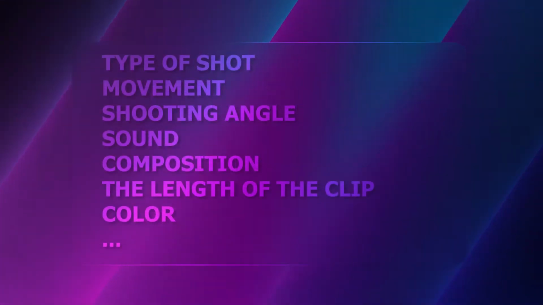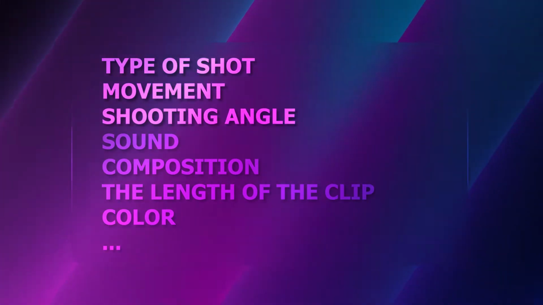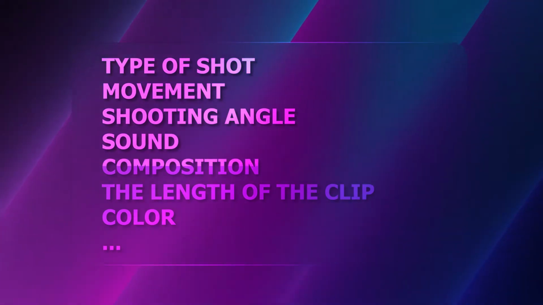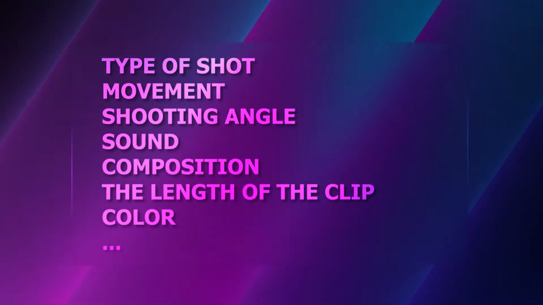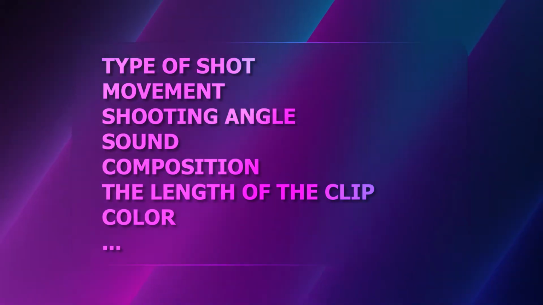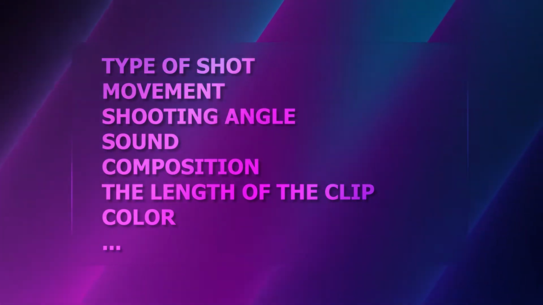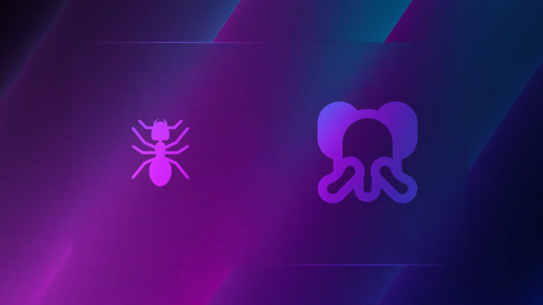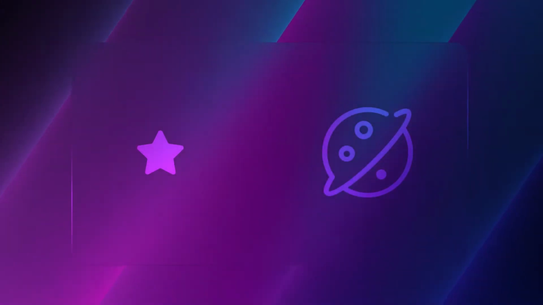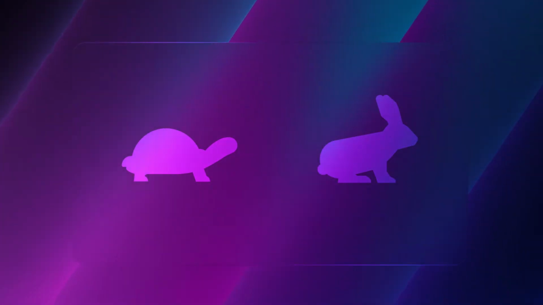For example, type of shot, movement, shooting angle, sound, composition, the length of the clip, color, etc. Does it feel complicated? Don't worry, actually, we just need to look at the elements in a video that can form the contrast. Make use of this contrast, and we can create the rhythm we need.